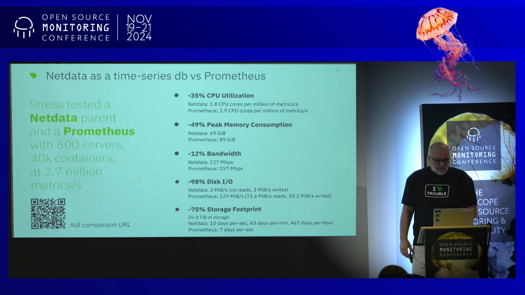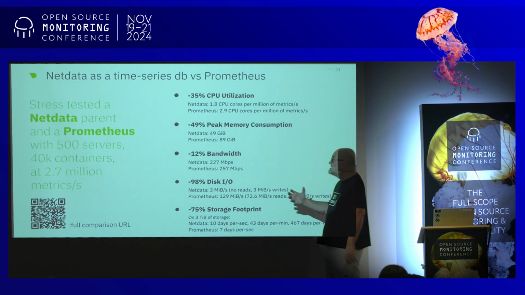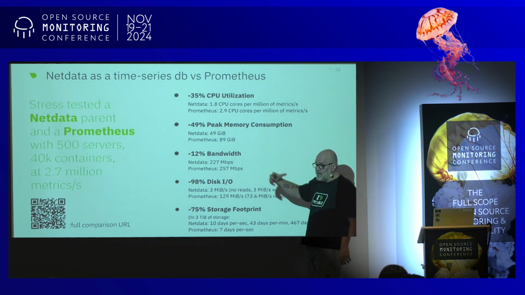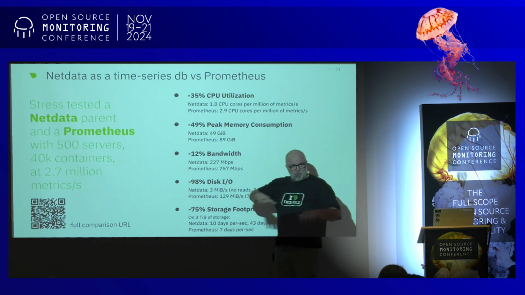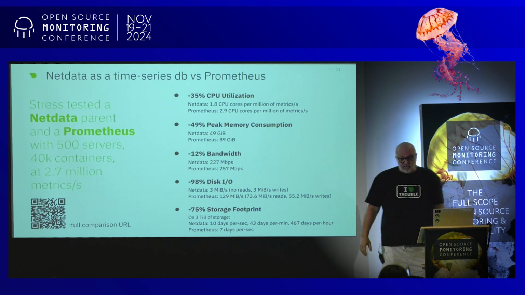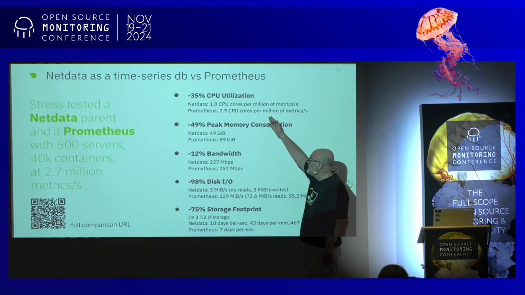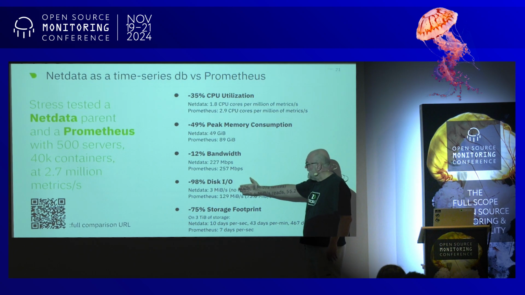To understand how optimized Netdata is, we stress tested a Netdata parent versus Prometheus for 2.7 million metrics per second. The same metrics were pushed to the 2 systems at the same time. And this is what we found. We beat Prometheus everywhere. You see 1/3 less CPU, half the memory, 98% less disk I/O.